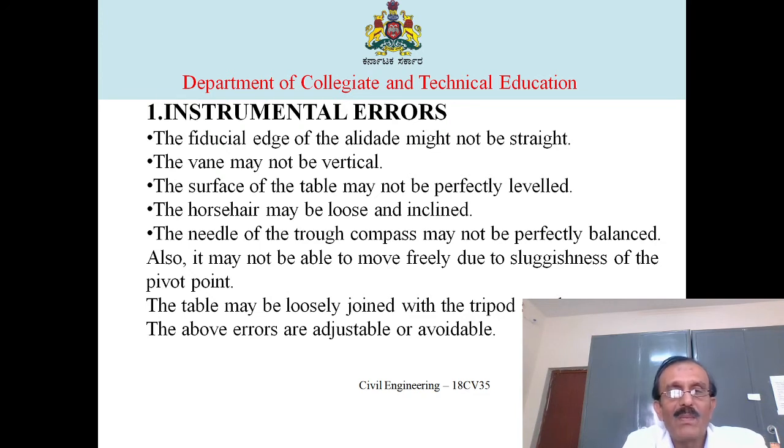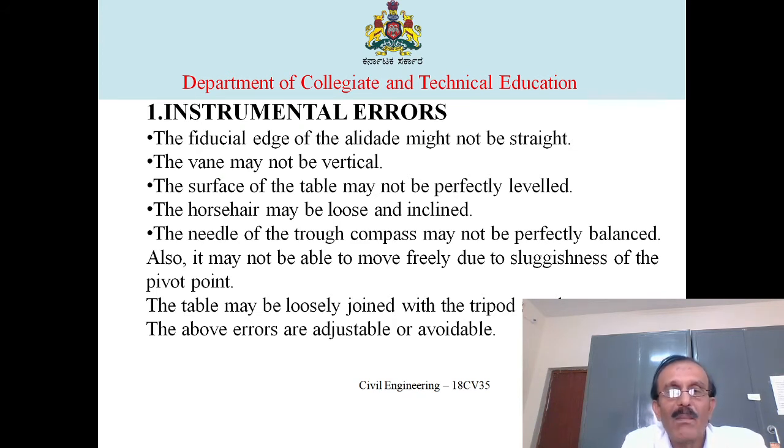The vane may not be vertical. When you are sighting an object, if the vane is not vertical, then the sighted object will not be proper. The surface of the table may not be perfectly leveled. Due to non-leveling of the table, you may get some erroneous observation.